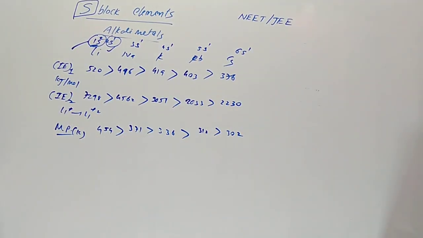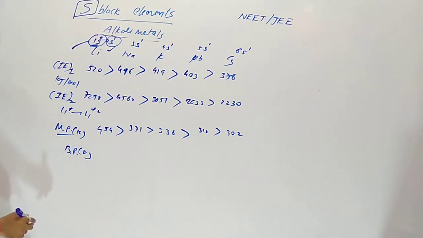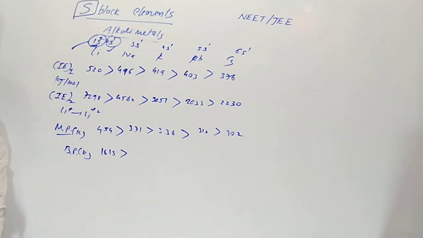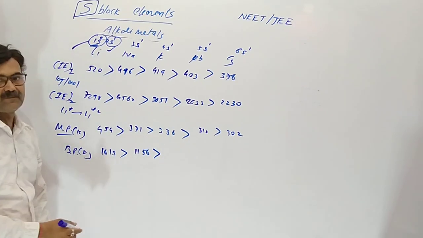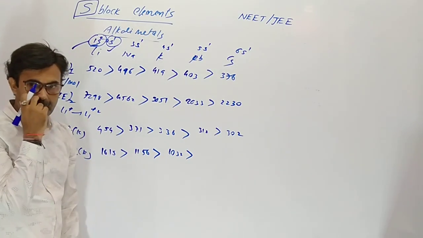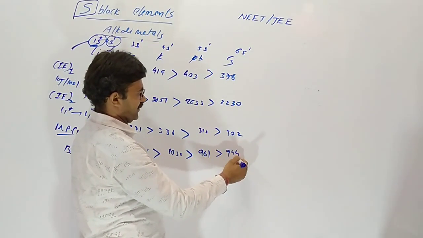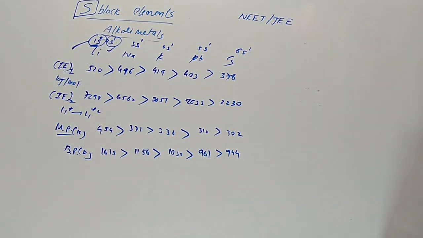It decreases. Now boiling point in Kelvin: 1015 Kelvin, highest for lithium, then 1156, then 1032, then 961 and 944. It decreases gradually from top to bottom.